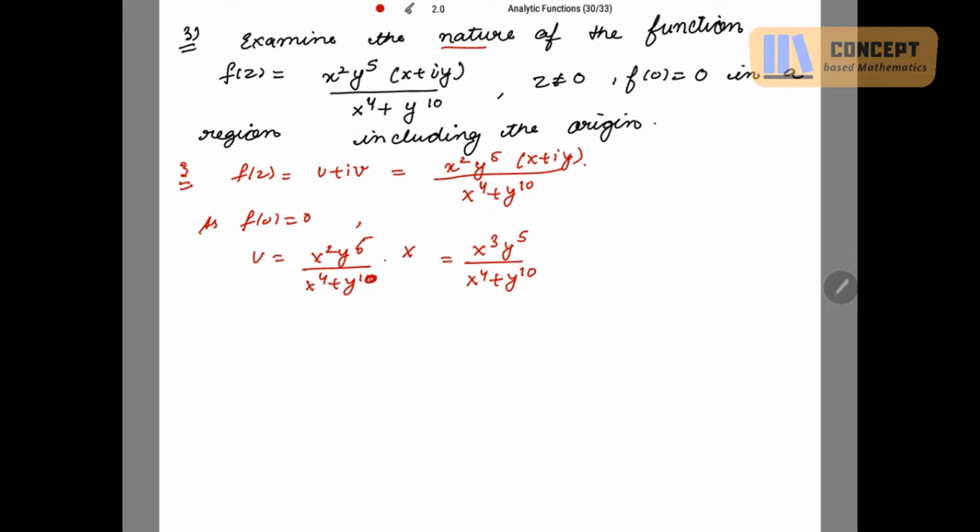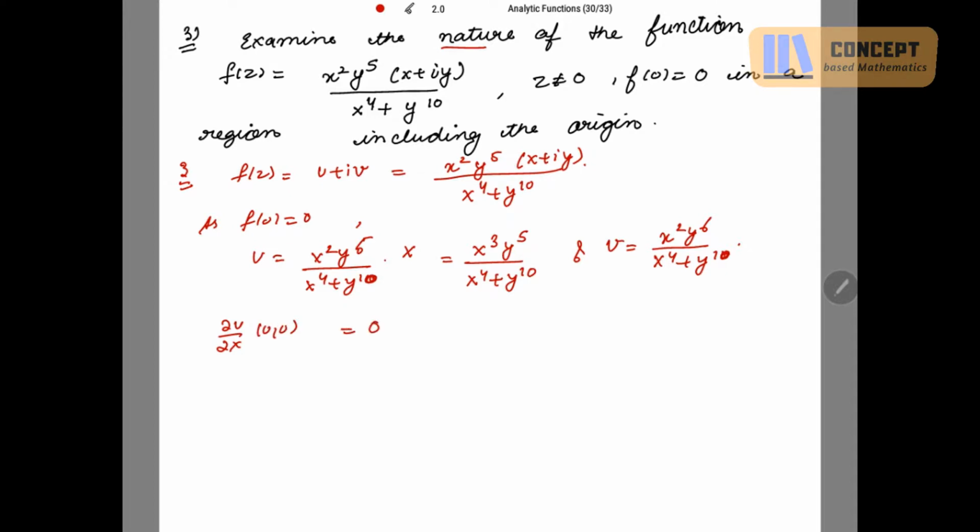This is your u. And what is your v? v comes out to be x square y raised to the power 6 over x^4 plus y raised to the power 10.